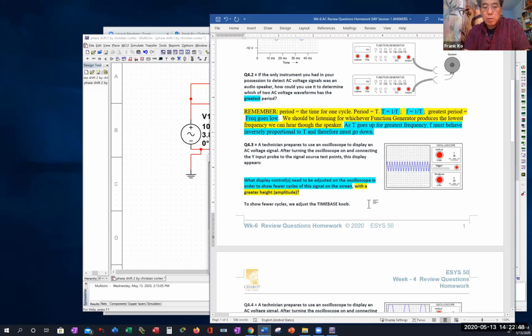So right here, to increase display of height, we adjust the vertical control. Okay, and let's go ahead and highlight that in yellow, and let's demonstrate this.